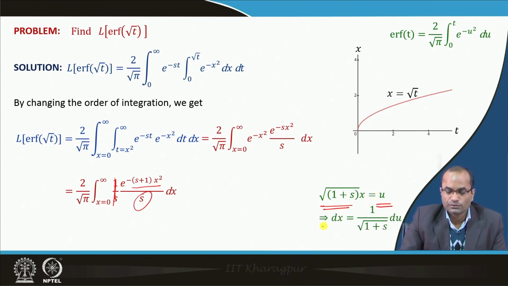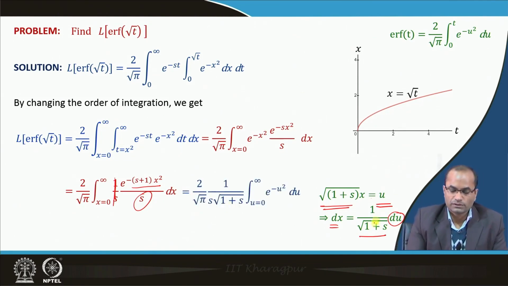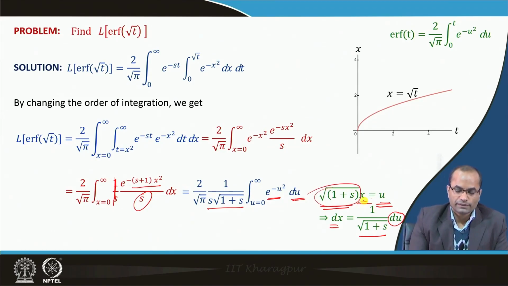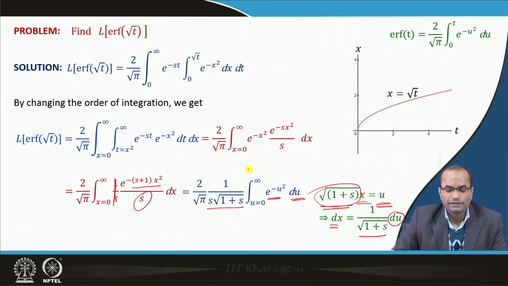Having this substitution, we have dx is equal to 1 over square root of s plus 1 du. So, going for this substitution, we have 1 over square root of s plus 1, that factor will come out, and then we have e power minus u square du. Concerning the limits, they will remain the same, because this is just a constant factor. So, 0 to infinity for u.